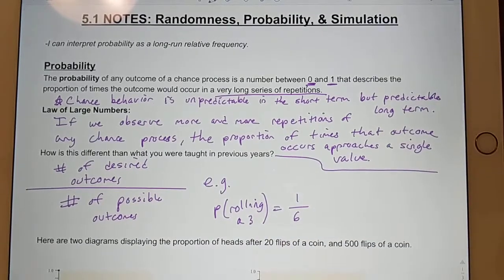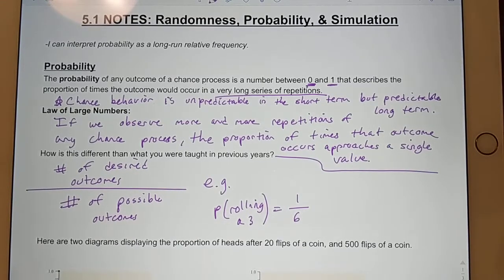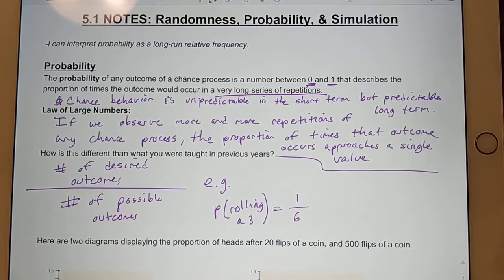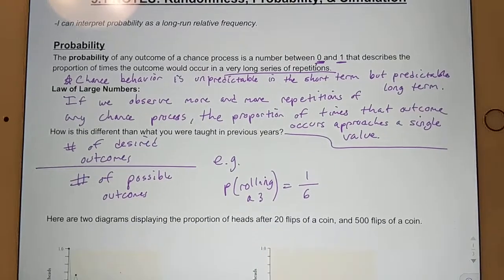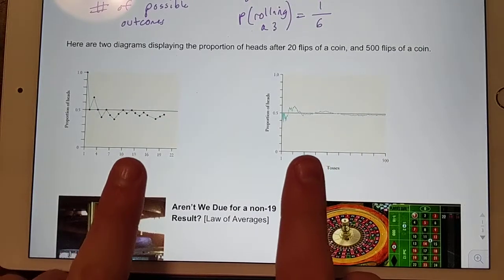And in actuality, in the short term, that probability experimentally could be very varied. It wouldn't necessarily be 1/6. It could be very unpredictable in the short term. But what this is saying is that long term, if you do enough flips, it'll be that 1/6 number, or approximately 16.7% long term. An illustration of that is these two graphs.